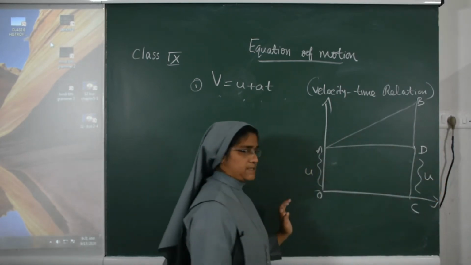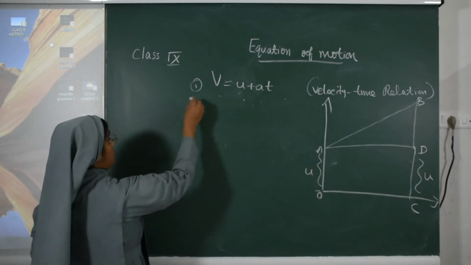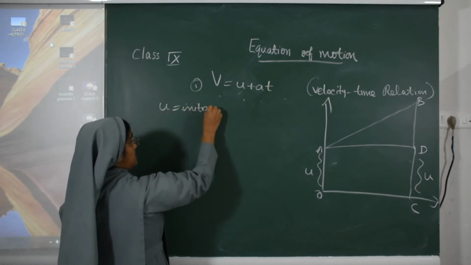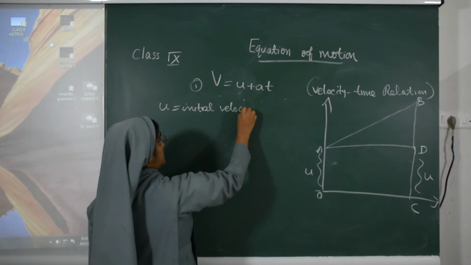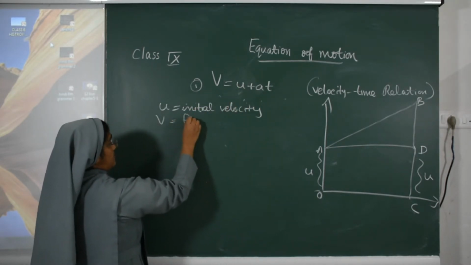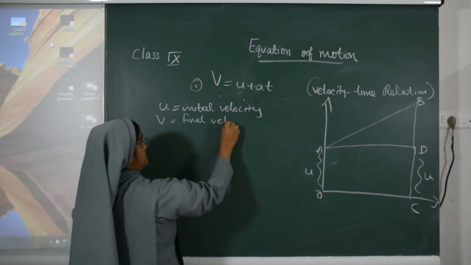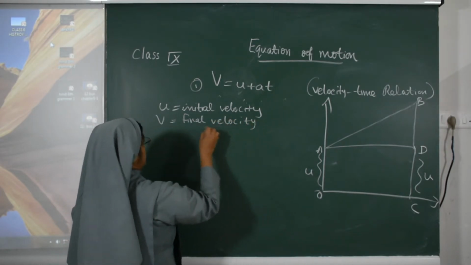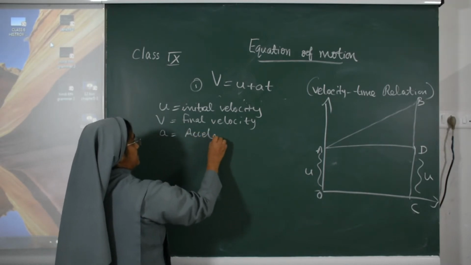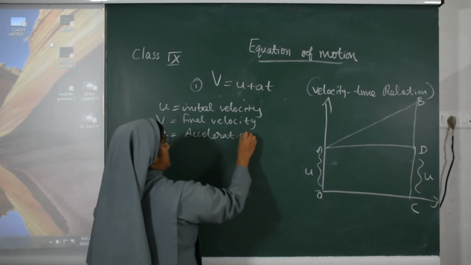This is initial velocity. First we want to know what is u? That is initial velocity. Then what is v? v is the final velocity. Then what is a? That is acceleration. Then what is t?